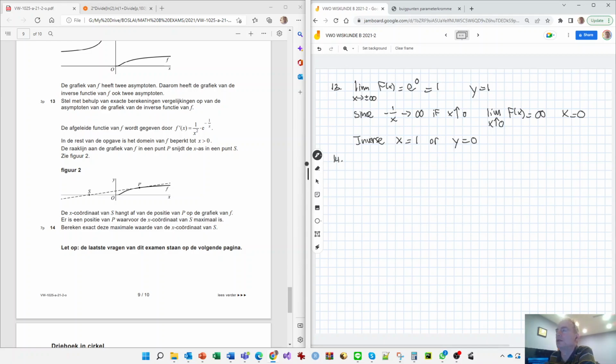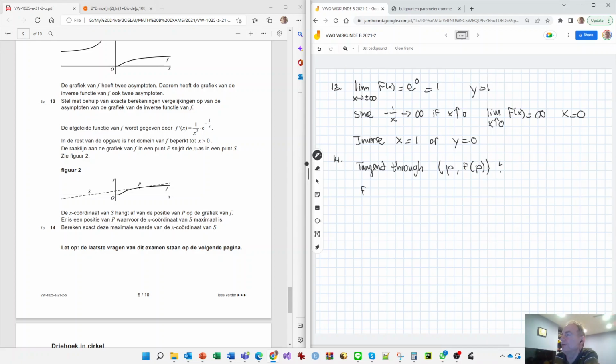So the tangent through, say, point P, and whatever the function is at this point is something we first calculate. So what's that?